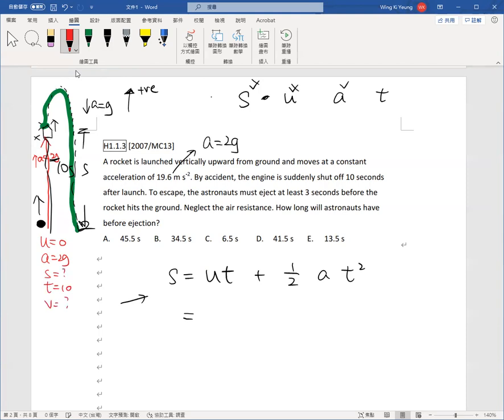Then you can use two equations to find s and v respectively. To find the s, you still use s equal to ut plus half at squared. You get 100g. To find the v, just u plus at.